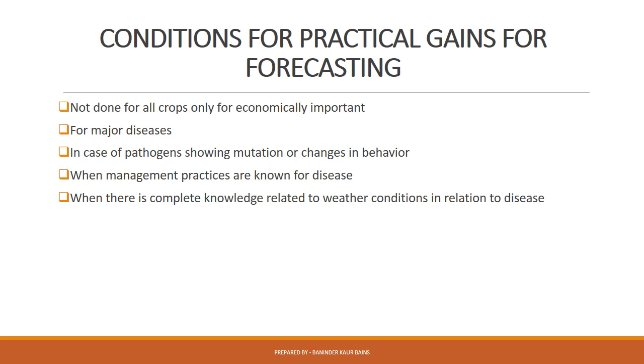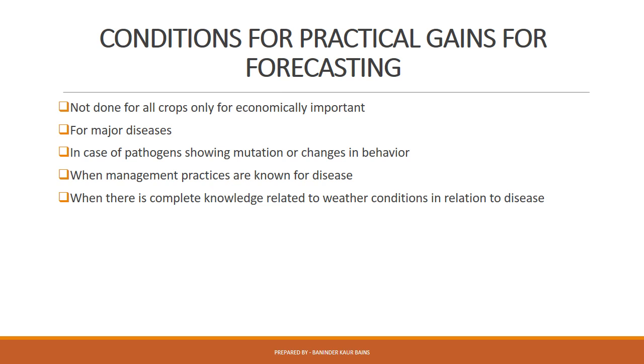And then when management practices are known for a disease, weather forecasting will only result positive if we have the management practices, the control measures of that particular disease. If the control measures are not known, then there is no use of the forecast. Means we cannot do anything even if we have the forecast, if we don't know how to control that disease. So we should be well aware about the control methods for that particular disease.